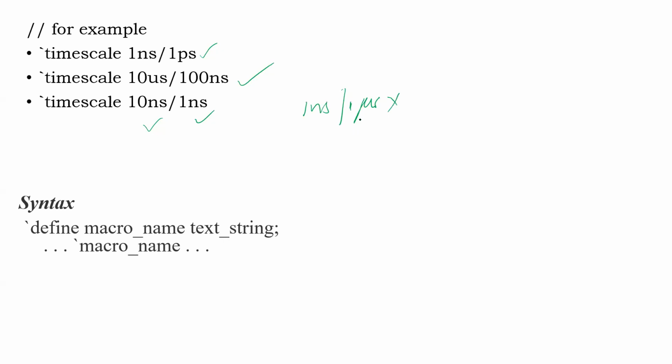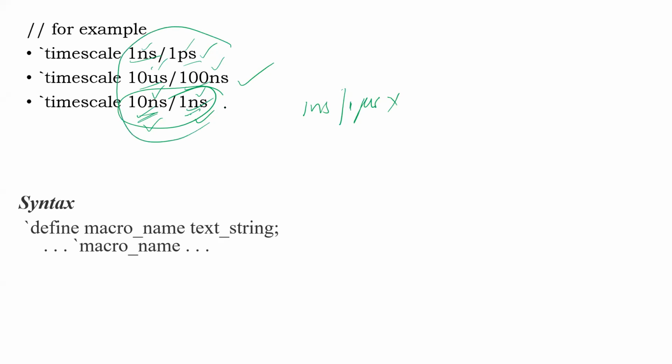The precision value must be the smaller one. Nano is more than pico, micro is more than nano, so those are possible. The time unit must be larger than the precision value.